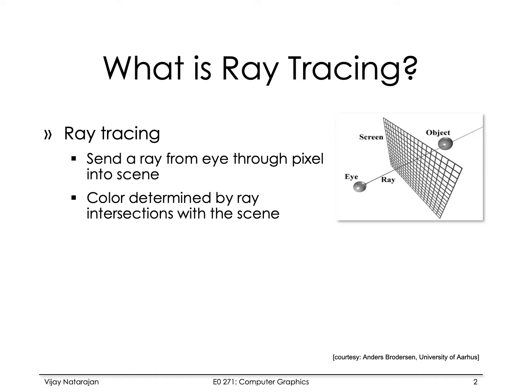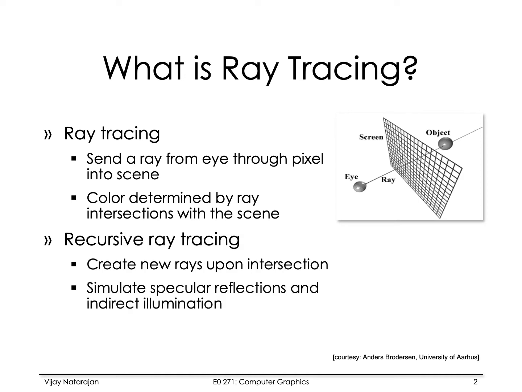So here is an illustration of the eye and the ray emanating from the eye. The specific ray is determined by which pixel we are considering within the screen. This ray goes on into the view frustum and intersects different objects. Now, of course, the objects could be transparent and could have reflective properties.